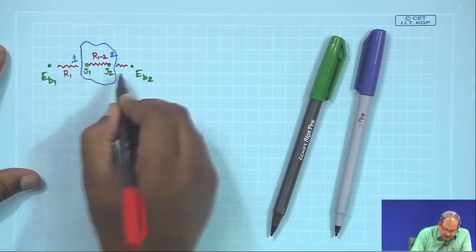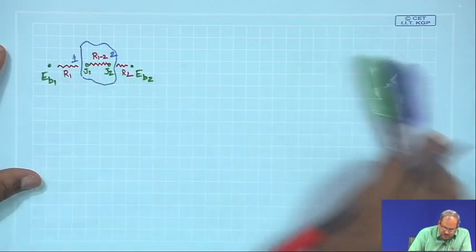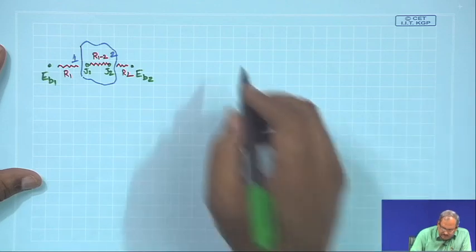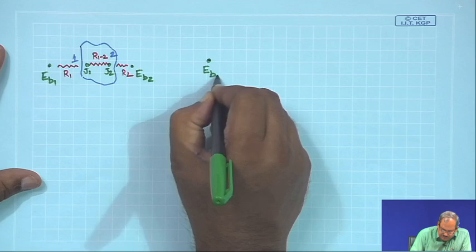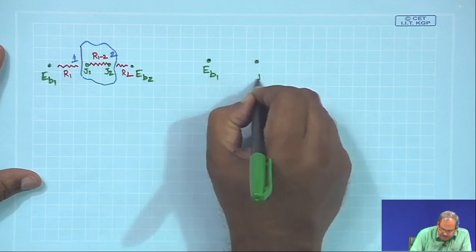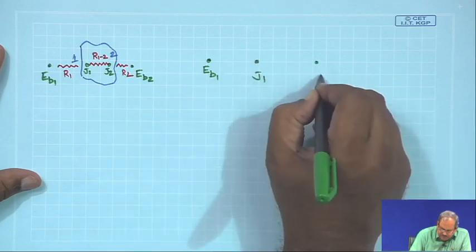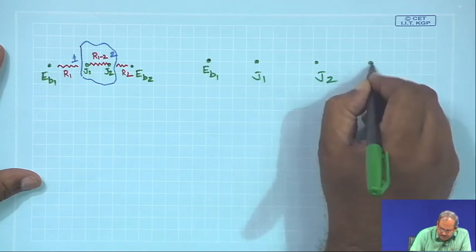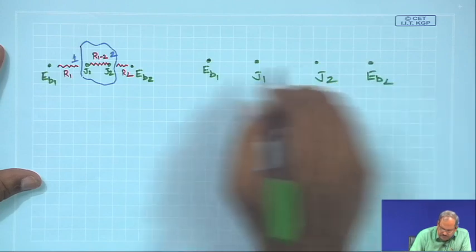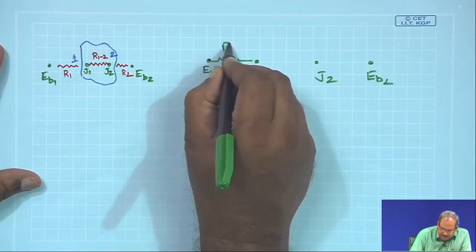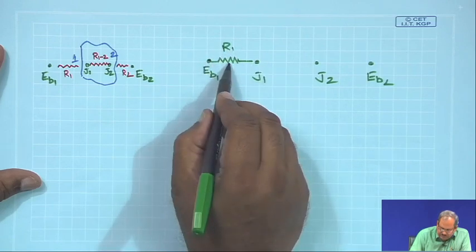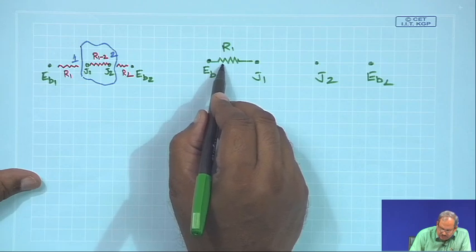So, if this is R1 and this is R2, then I can draw the circuit diagram as EB1, this is my J1, this is my J2 and this is EB2. They are connected by a resistance which is the surface resistance to radiation for surface 1.